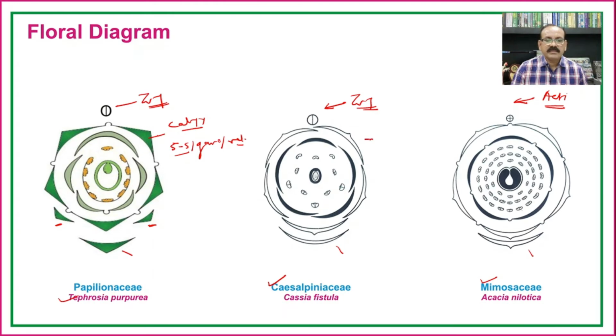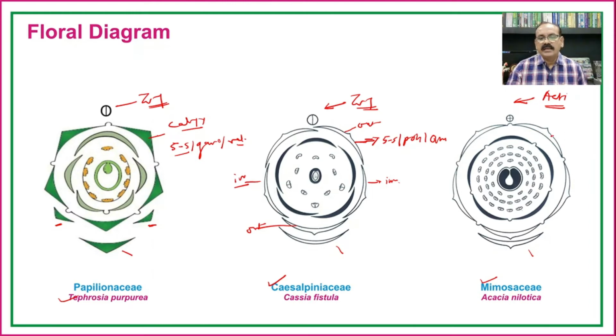In a similar manner, in the Caesalpinaceae, the 5 sepals are polysepalous, with, see here, this sepal is outer, again this sepal is outer, that is 2 outer, this one is inner sepal and this one is again inner sepal, 2 outer, 2 inner, and that is the quincuncial type of estivation of the sepal.